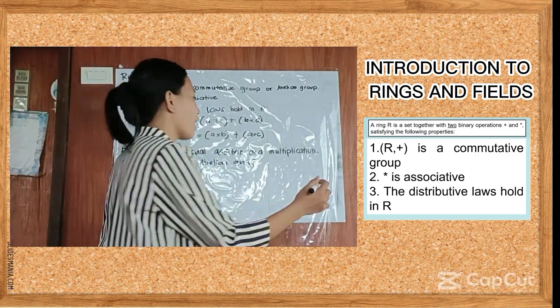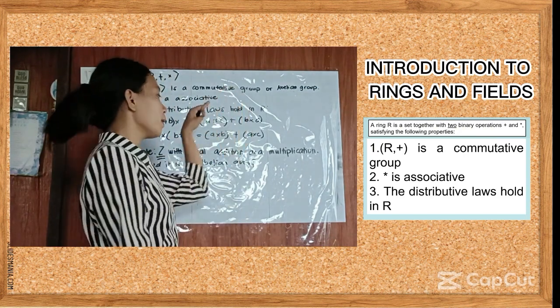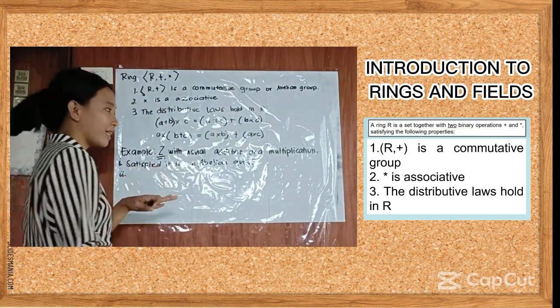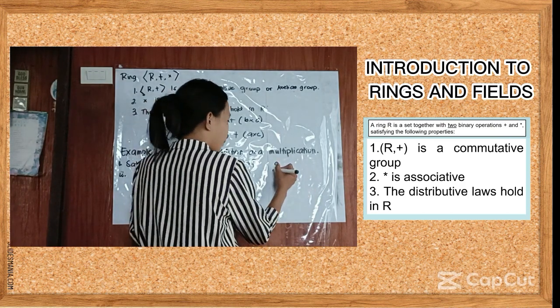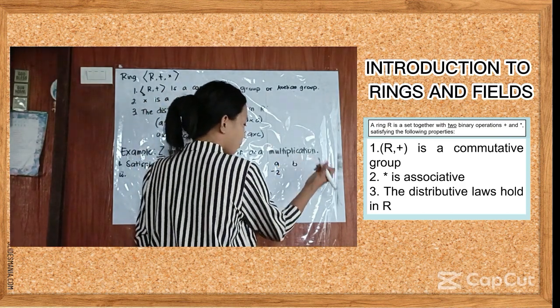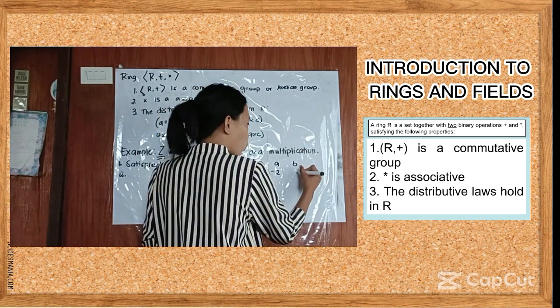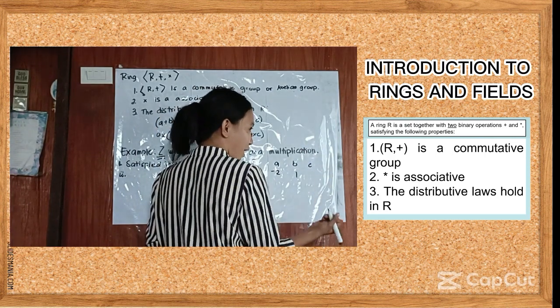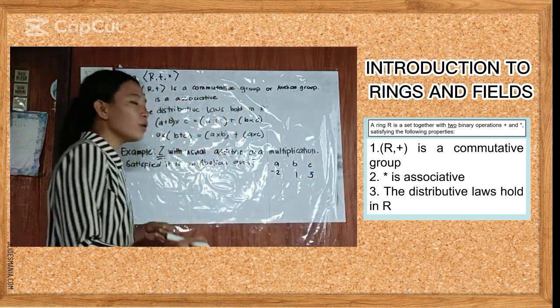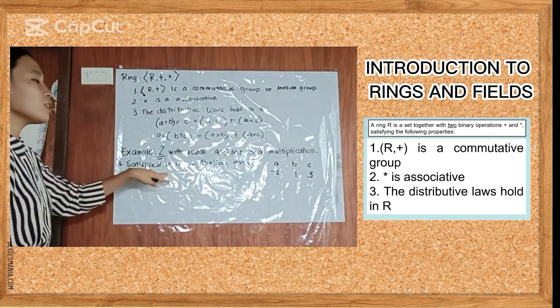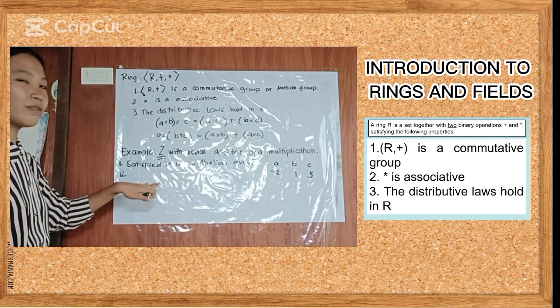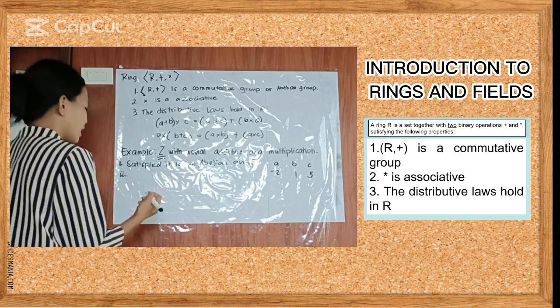So let's just have three elements from integer. For our A, let's have a negative number, -2. Our B, we have 1. Our C, we have 5. So, let's try if it is associative. Since it is abelian, thus it is associative. But let's just see.